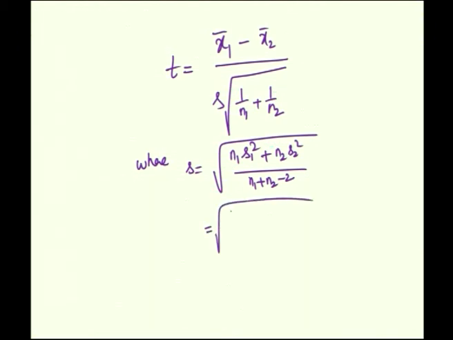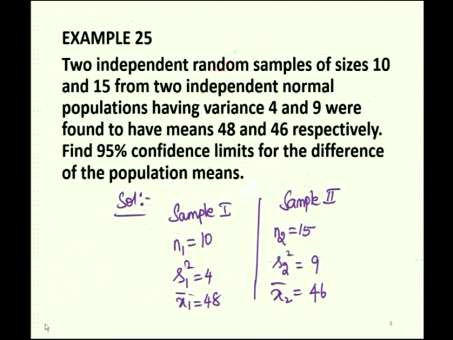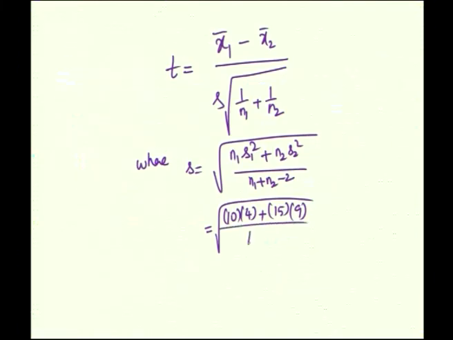Write down all the values from the tabular column. Now, 10 into 4 plus 15 into 9, divided by 10 plus 15 minus 2, and this value happens to be 2.7583. This is the S value.